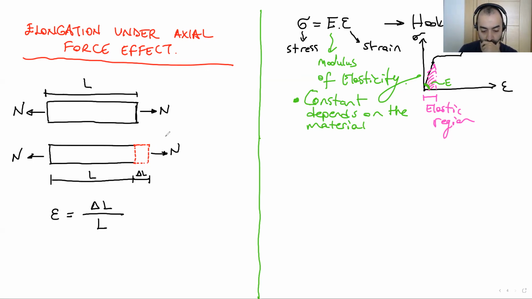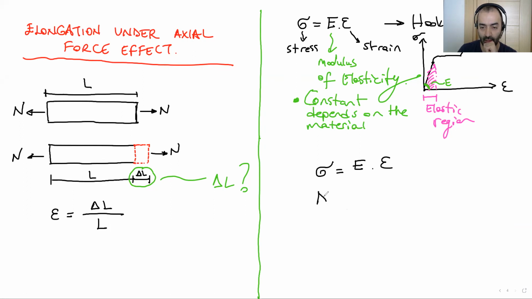So how can we calculate this length change? What I'm trying to calculate is this delta L. Let me write the equation here: sigma equals E times epsilon. So what was the sigma, the stress?